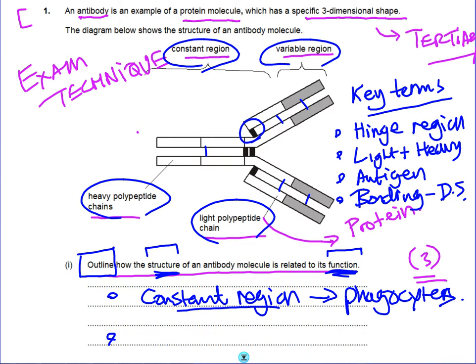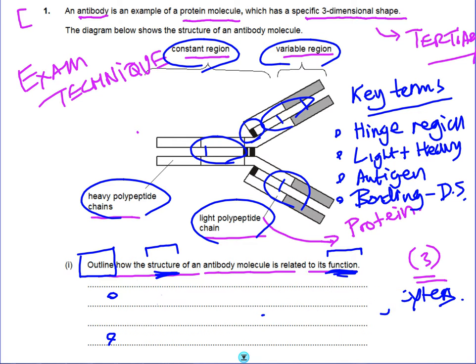And what holds that constant region together and the light chains together would be the hinge region. Now this isn't in the stem of the question, so this is something that we'd have to bring to the question prior to that. So we might say the hinge region.